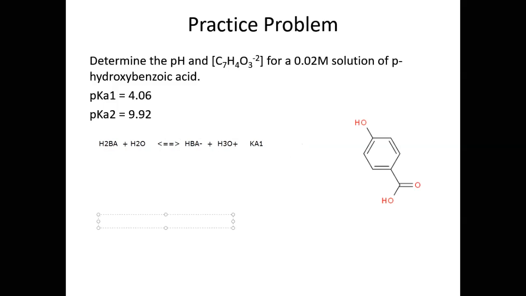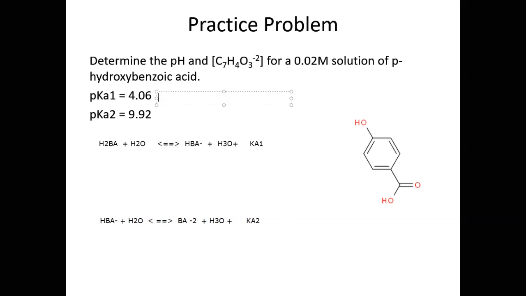Ka2: HBA minus plus H2O gives BA2 minus plus H3O plus. And this is Ka2. Now it gives us pKa, and we need to find Ka.